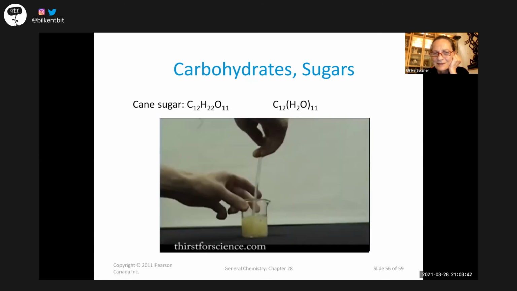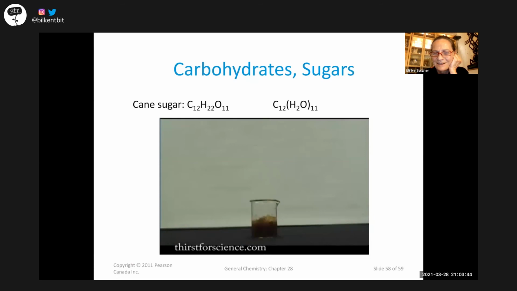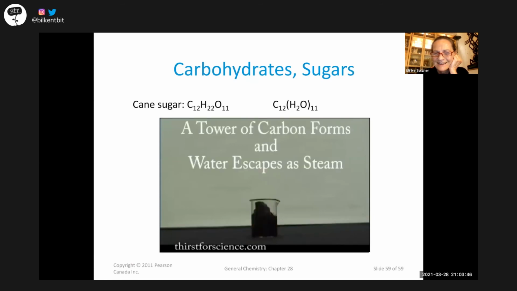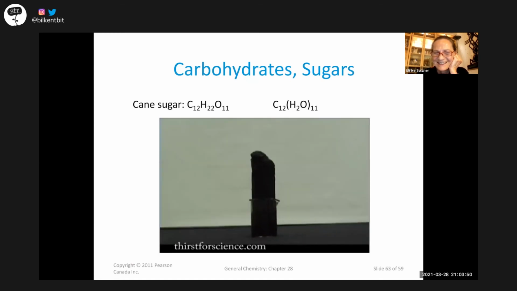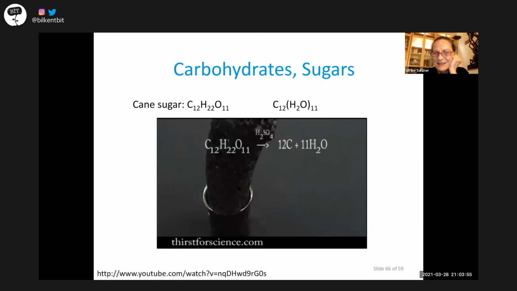It gets a bit yellowish, and then the fun starts. It gets black, and it starts growing. That's what you get from sugar and sulfuric acid. So that's the carbohydrate. The sulfuric acid simply takes all of the water molecules from our carbohydrate and leaves the coal, the carbon, behind.